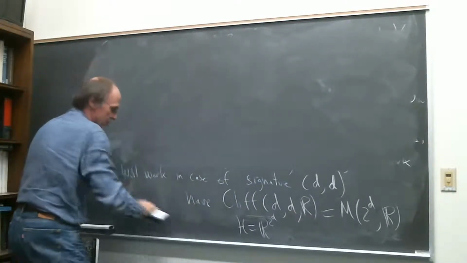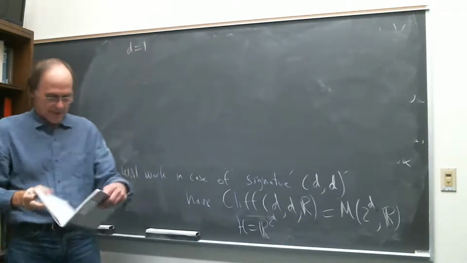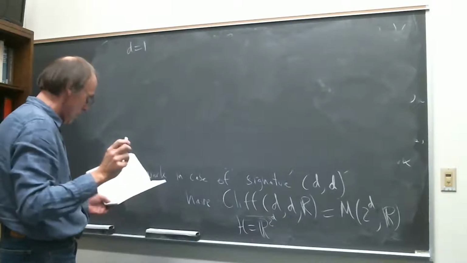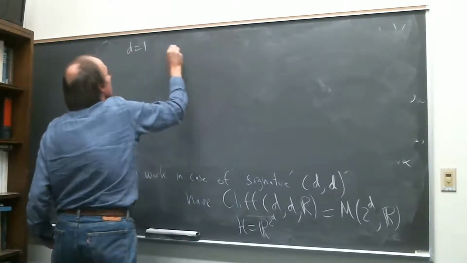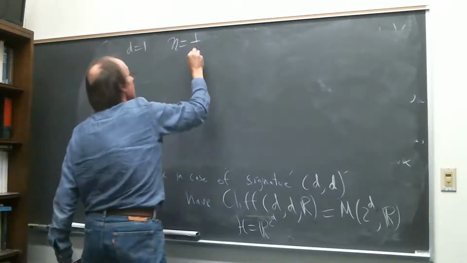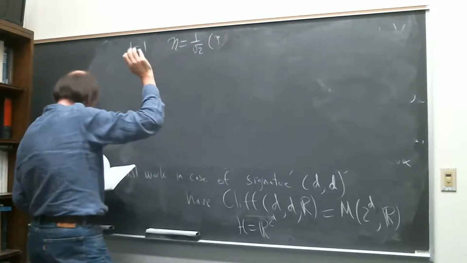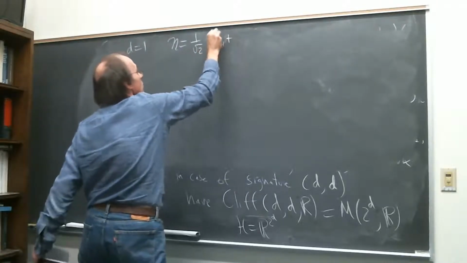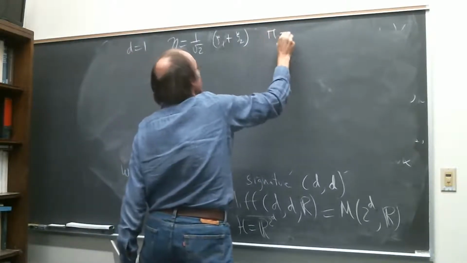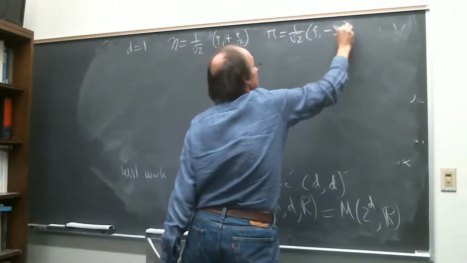Let me just do it first for d equal to 1. For d equal to 1, what you do is you define eta and pi by changing basis: eta is 1 over the square root of 2 times (psi 1 plus psi 2), and pi is 1 over the square root of 2 times (psi 1 minus psi 2).